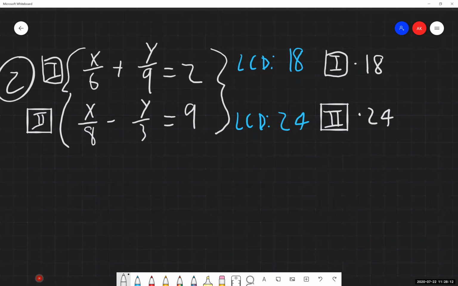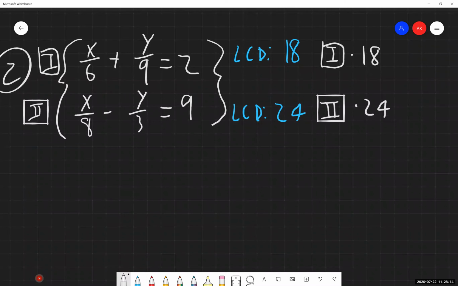So make a note to yourself somewhere of what you're doing, and then we go through and make that happen. x over 6 times 18, that's going to give me 3x, looking at our first equation, plus y over 9 times 18, well, that's going to be the same as 2y, is equal to 18 times 2, which gives me 36. So I've just modified my first equation. Looking at the second equation, I'm doing x over 8 multiplied by 24.